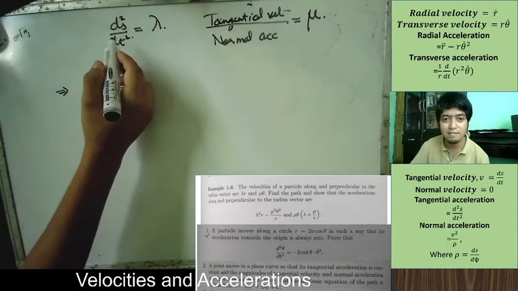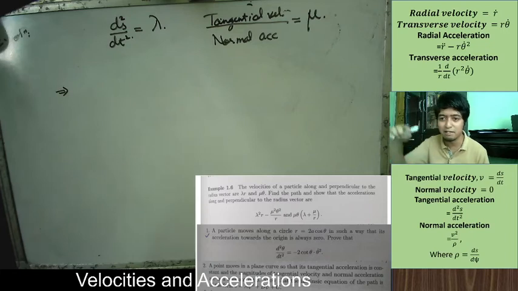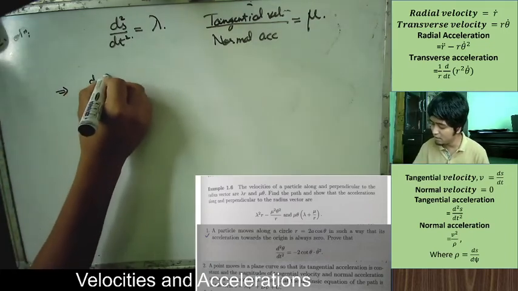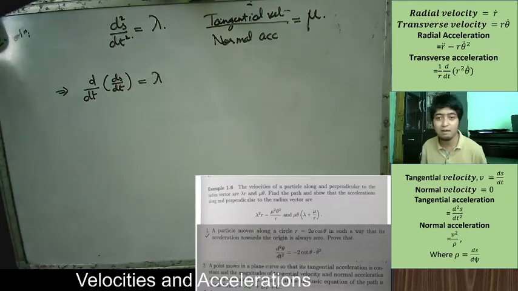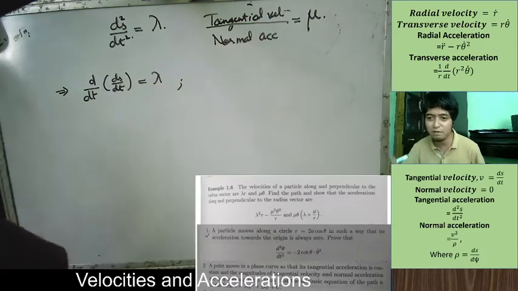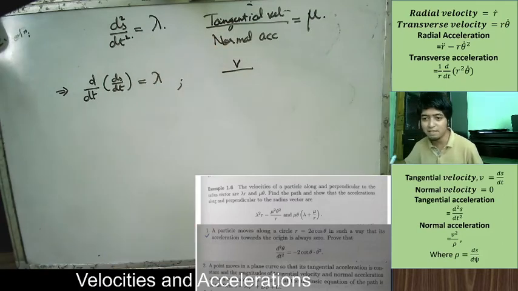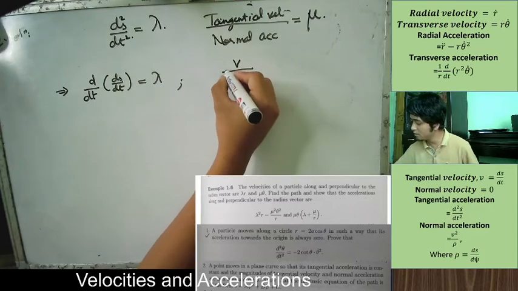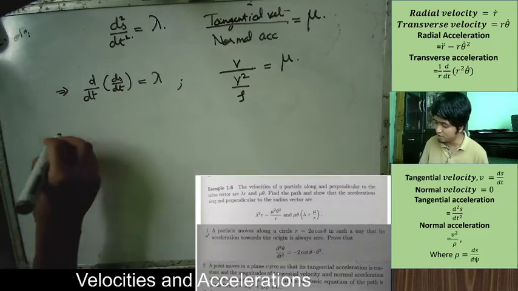This one we can easily write as d²s/dt², which we can write as d/dt (ds/dt) equal to lambda. For the other equation, tangential velocity v over normal acceleration v squared by rho is equal to mu. They are all constants.